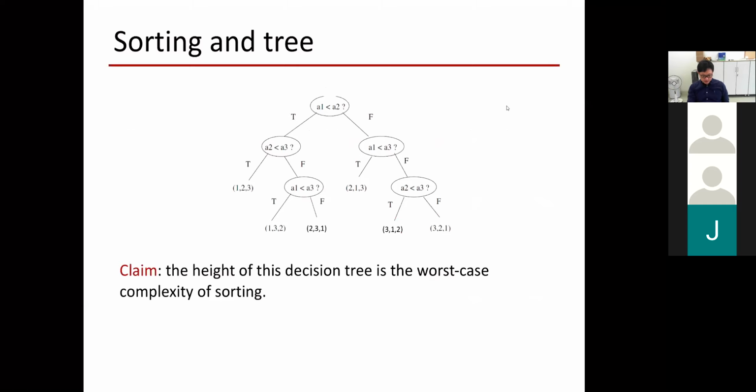If A1 is smaller, then A2, A3, that is 1, 2, 3, then you understand what it is. If it is reversed, A2 is bigger, right? So A3 is bigger than A1, and A2 and A3 is bigger. So 3, 2, 1, in a sequence. So the height of the tree is what we are measuring for the comparisons.